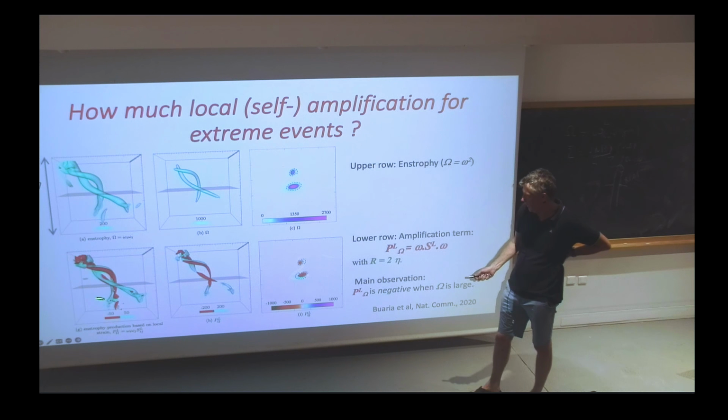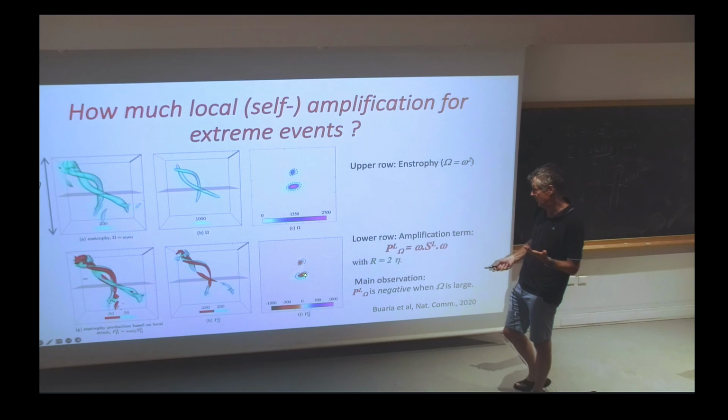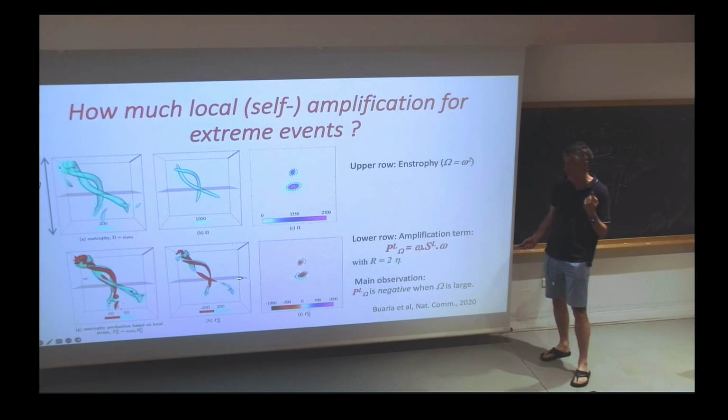And so here we calculate the local strain at a size which is effectively of the order of the size of the vortices. What we find, much to our surprise, is that the local strain is actually contributing not to amplify, but to compress.